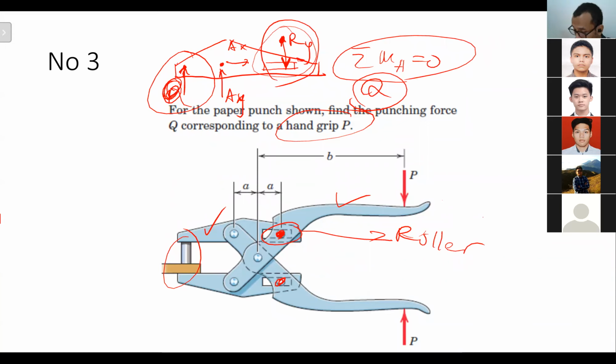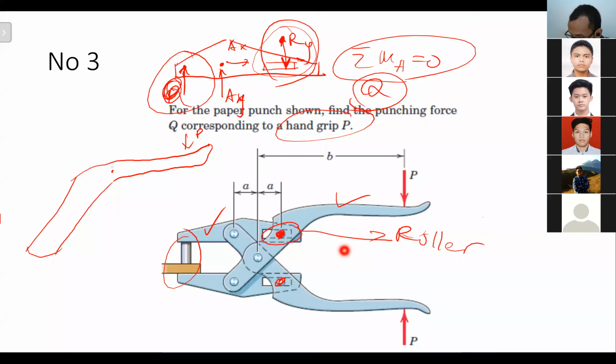For that particular free body diagram, we have it like this. Basically, it's like that. We have P here going down. Then we have a slot.